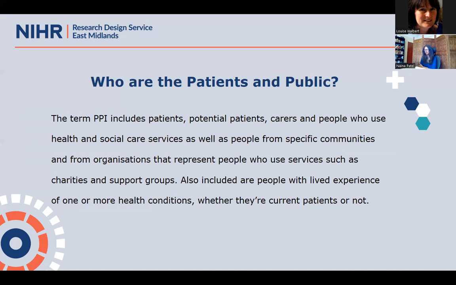Also included are people with lived experience of one or more health conditions, whether they're current patients or not. But it does not include stakeholders such as healthcare professionals, care workers, and commissioners. It is important to consult them, but they are a different type of stakeholder to public contributors.